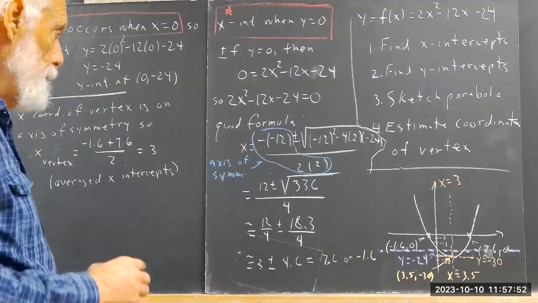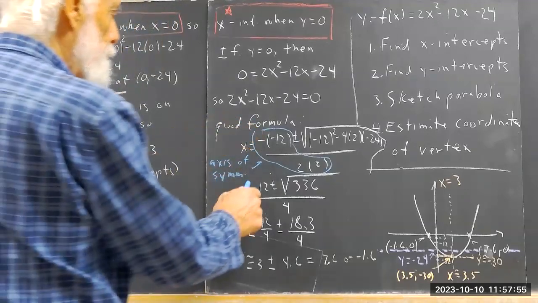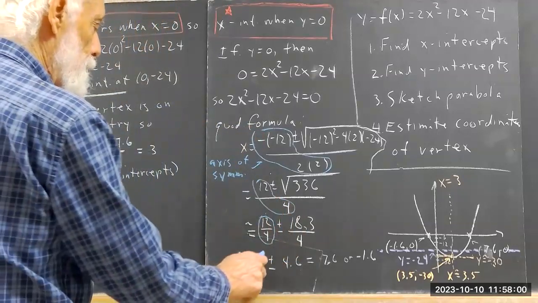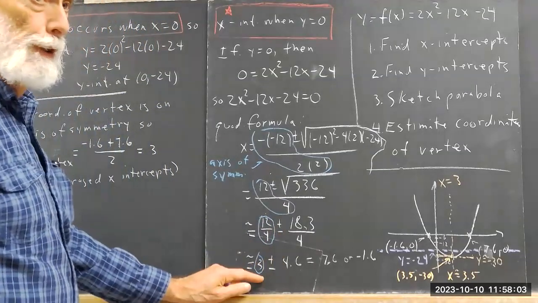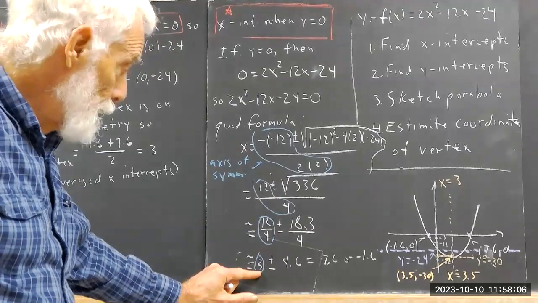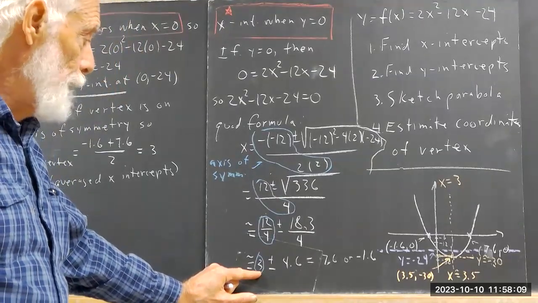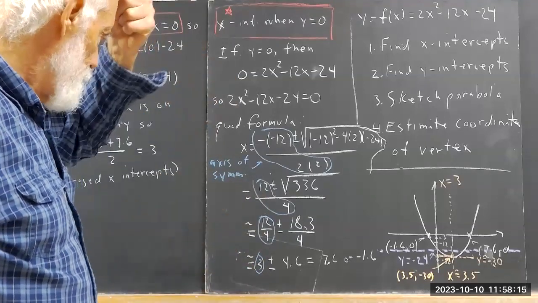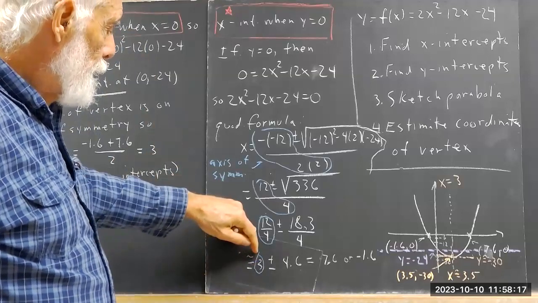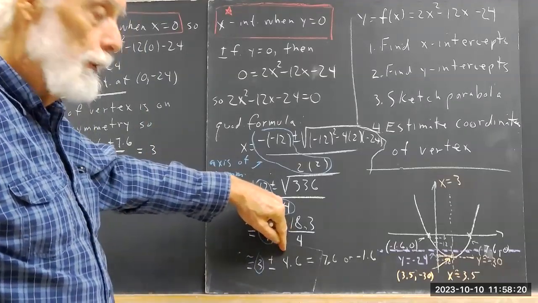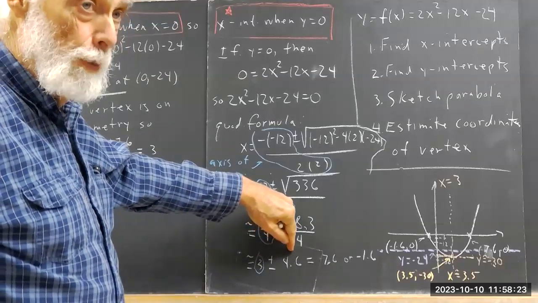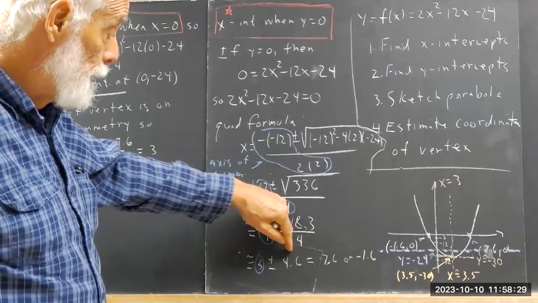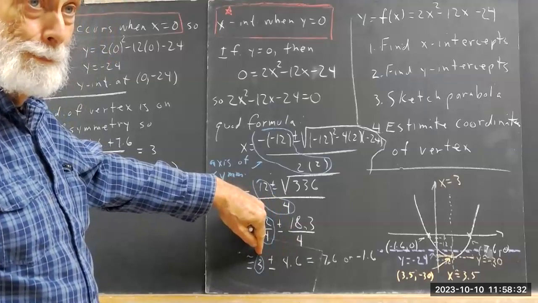Okay. And the axis of symmetry is here, which means it's here, which means this is it. So when we did the quadratic formula, where there's the axis of symmetry, the fact that the x-intercepts are at 3 plus 4.6 and at 3 minus 4.6 means 3 is halfway between. Halfway between 3 plus this number and 3 minus this number is always just 3.